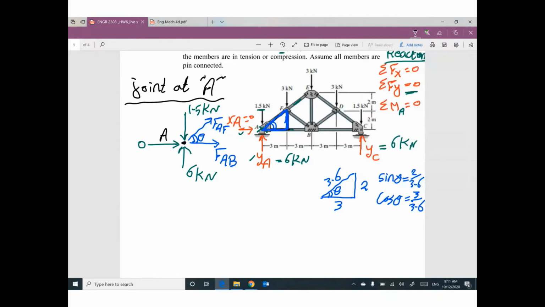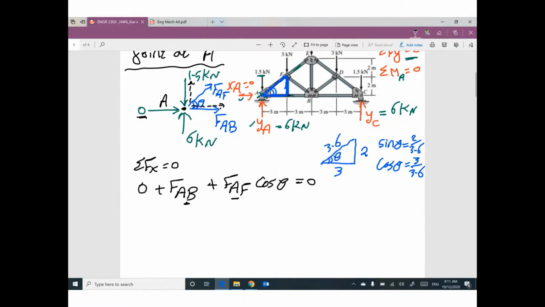Summation Fx equals 0. Everything in x: we have positive FAB, and we have positive FAF cosine theta. Don't forget, FAF has two components, one horizontal, cosine, and one vertical, sine. This equals 0. We have two unknowns, AF and AB, so I cannot do anything yet. Summation Fy equals 0.